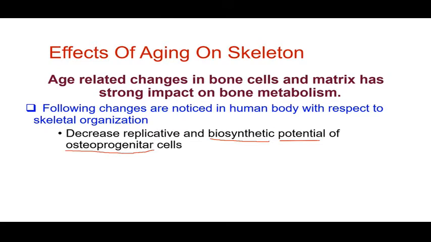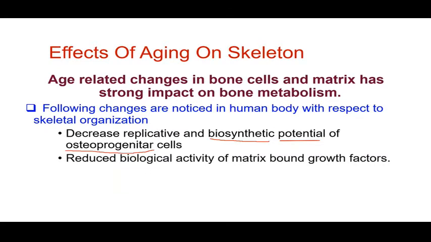Second is reduced biological activity of matrix-bound growth factors. As I have explained earlier, the extracellular matrix not only binds growth factors and controls their bioavailability, it can also control growth factor receptor signaling. Indeed, the signaling of many growth factors is regulated by dynamic interactions between growth factors and extracellular proteins, adhesion receptors, and growth factor receptors.